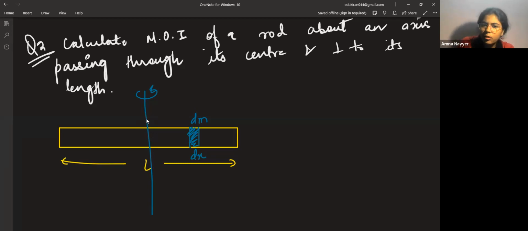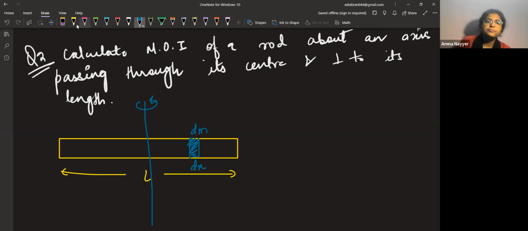It means x is equal to 0 at this axis. Like the graphical axis, on the right hand side x is positive, and on the left hand side it's negative. This is a negative value, this is a positive value. This I'll tell at the end. First, let us find out the value.